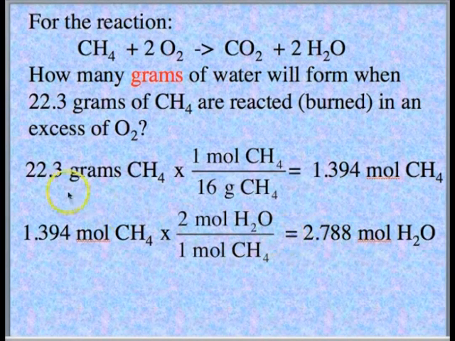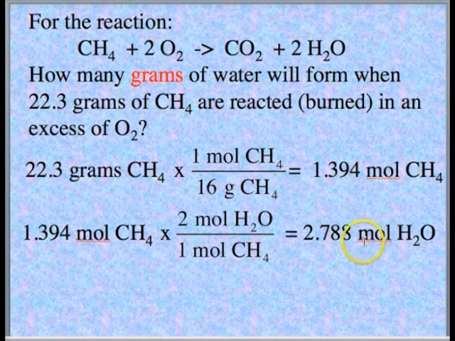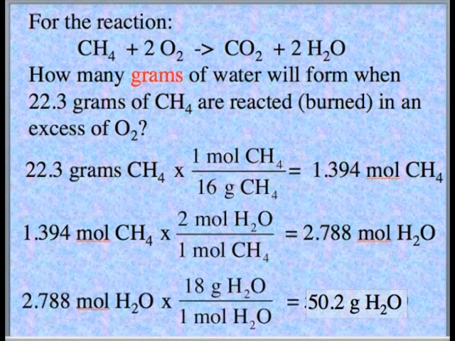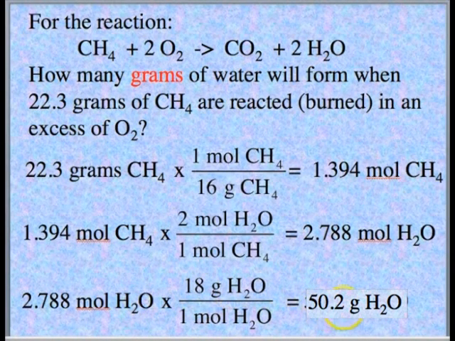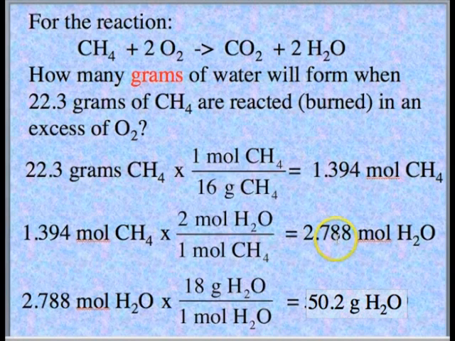And finally, one last step, taking my moles of water and converting that to grams of water with its molar mass. So here's my moles of water, 18 grams of water per 1 mole of water. Multiply that out, moles of water cancels out, which gives 50.2 grams of water. Note that I'm rounding off at the very end. I'm not rounding this to 3 significant figures.